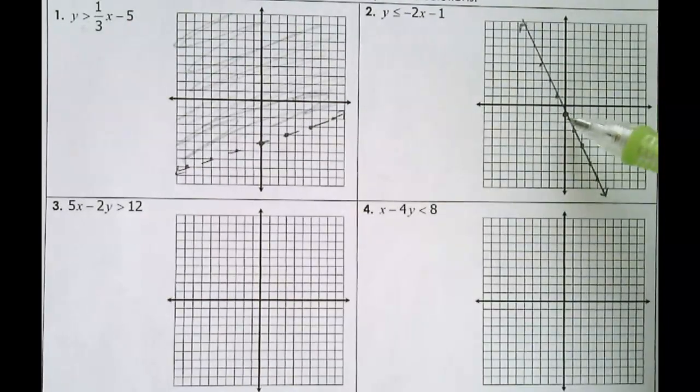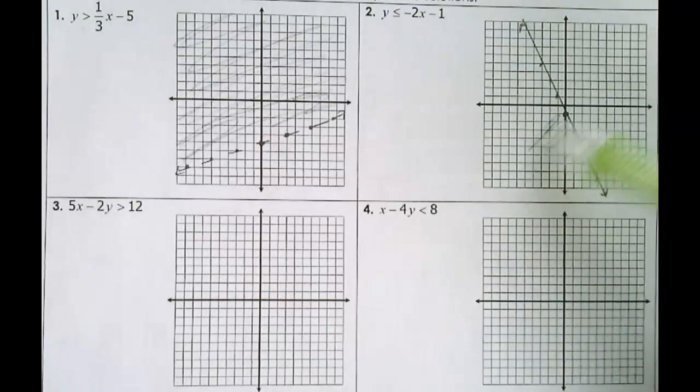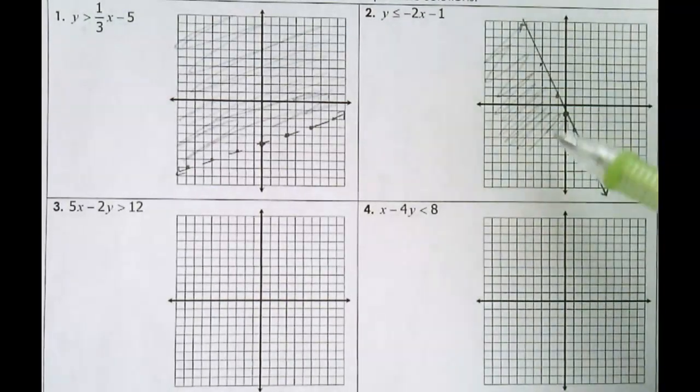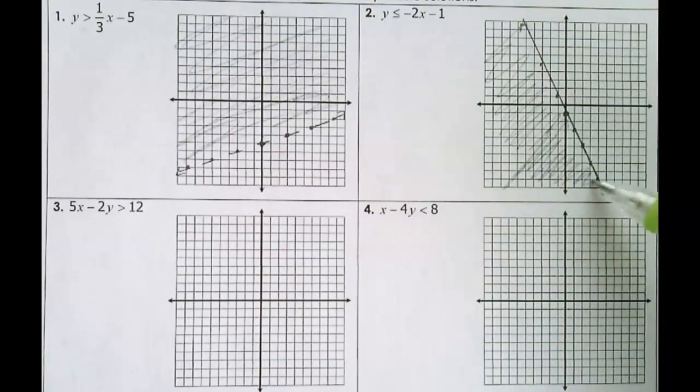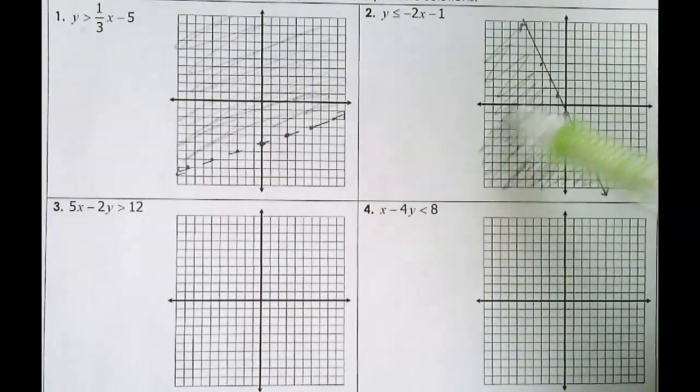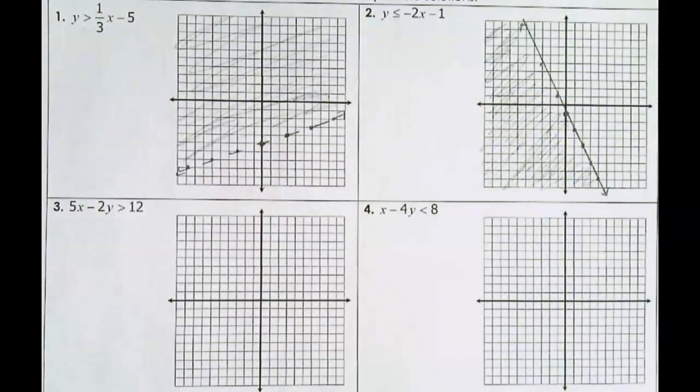One way of thinking about this is if I started at my y-intercept, I want to shade the side that is below my y-intercept. So below would be this direction, so I would shade this side. All of these coordinates I'm shading over are solutions, including all of the coordinates that actually land on the line.